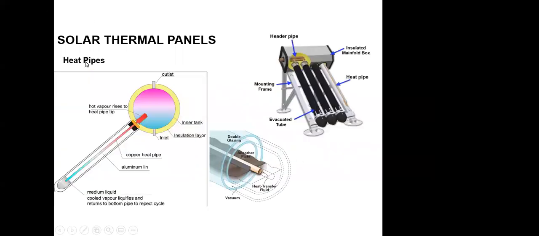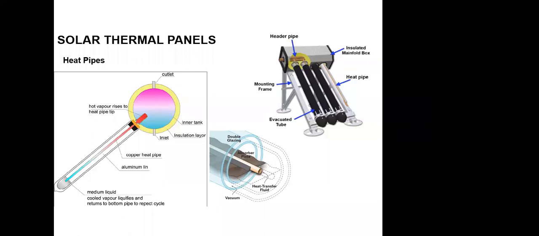The heat pipes technology, it's more advanced, and the Roman people, I don't think they would be able to do it, because we need two glass cylinders, and between these two glass cylinders, we have vacuum. Okay, so we don't have air, we don't have any gas, so it's vacuum. And vacuum, it's the perfect thermal insulator.